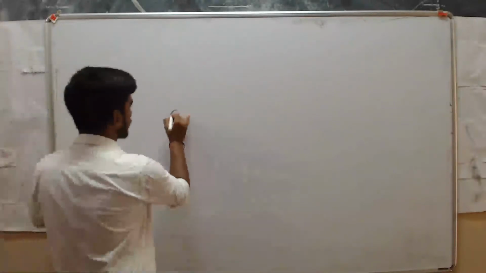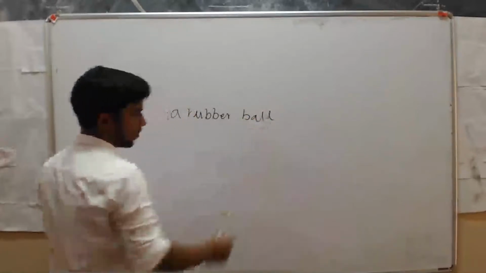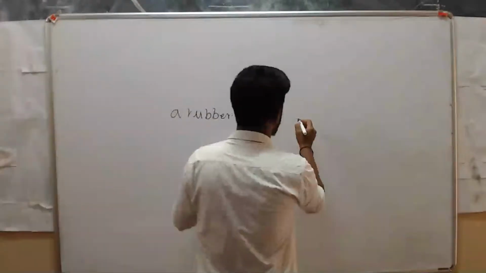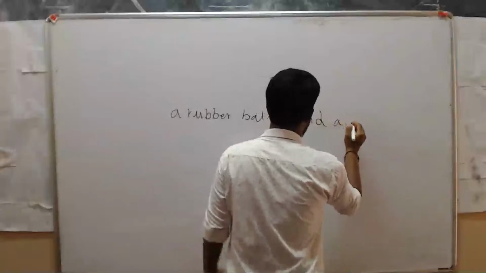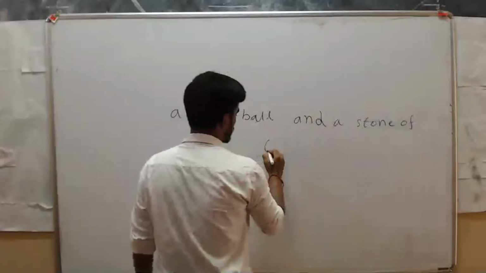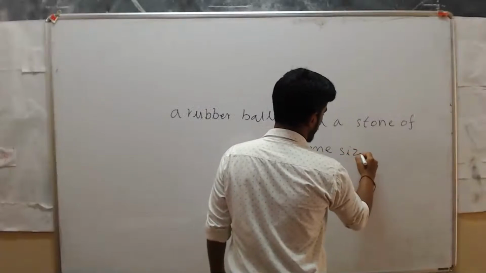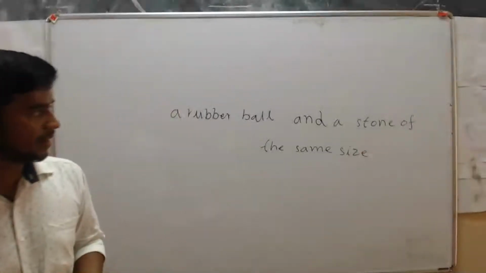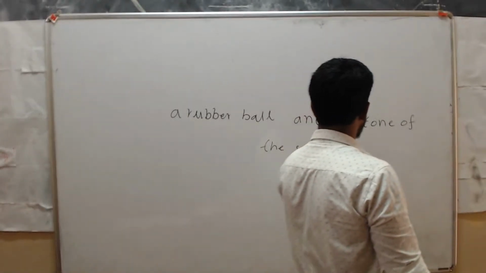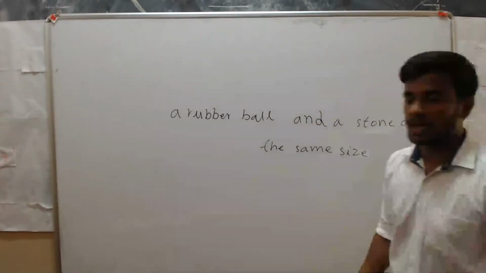A rubber ball and a stone of the same size. Out of these two, a rubber ball and a stone, here the masses are the same. So now tell me, which has more inertia, a rubber ball or a stone?